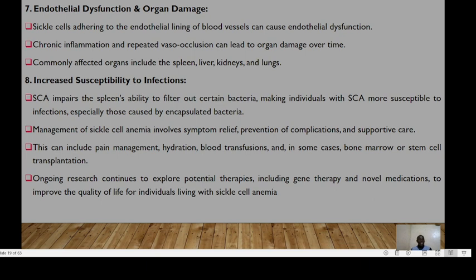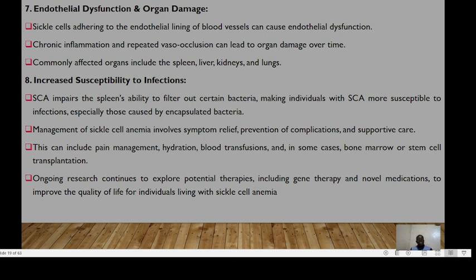Lastly, we have increased susceptibility to infection. Sickle cell anemia impairs the spleen's ability to filter out certain bacteria, making individuals with sickle cell anemia more susceptible to infections, especially those caused by encapsulated bacteria. Management of sickle cell anemia involves symptom relief, prevention of complications, and supportive care.